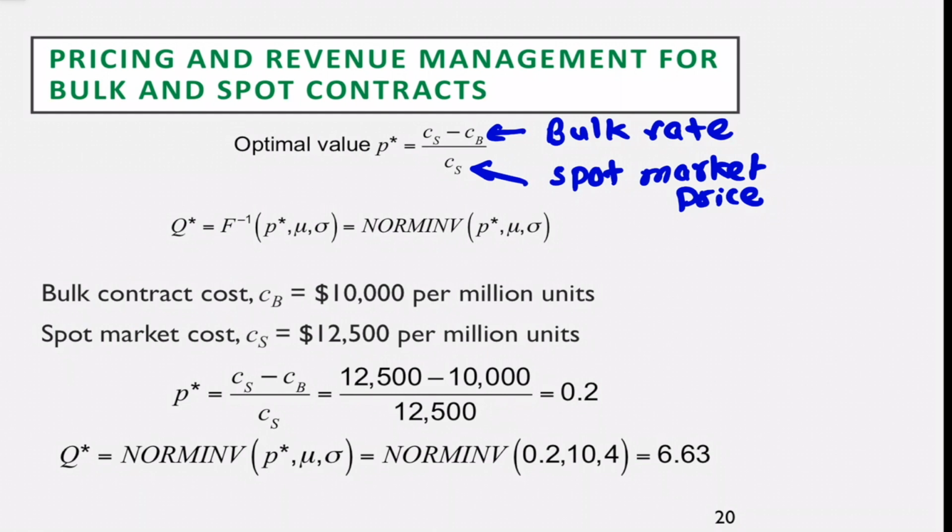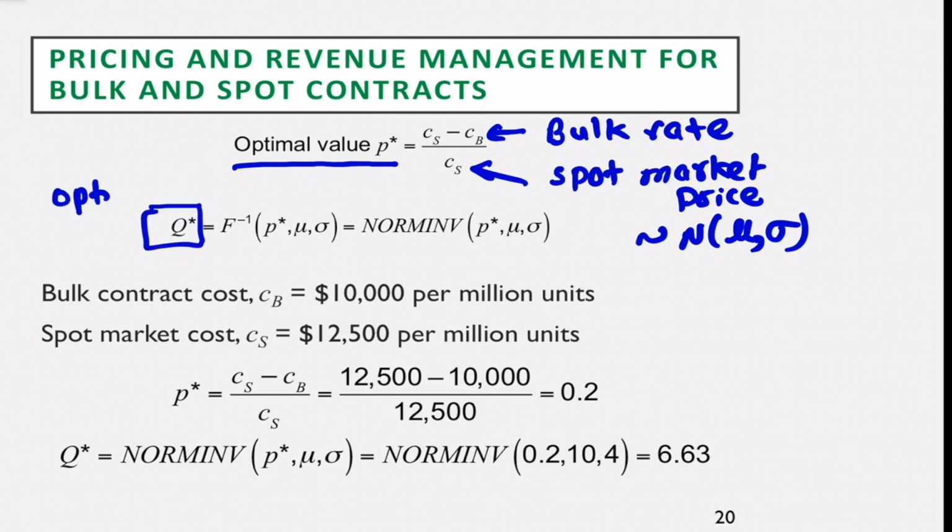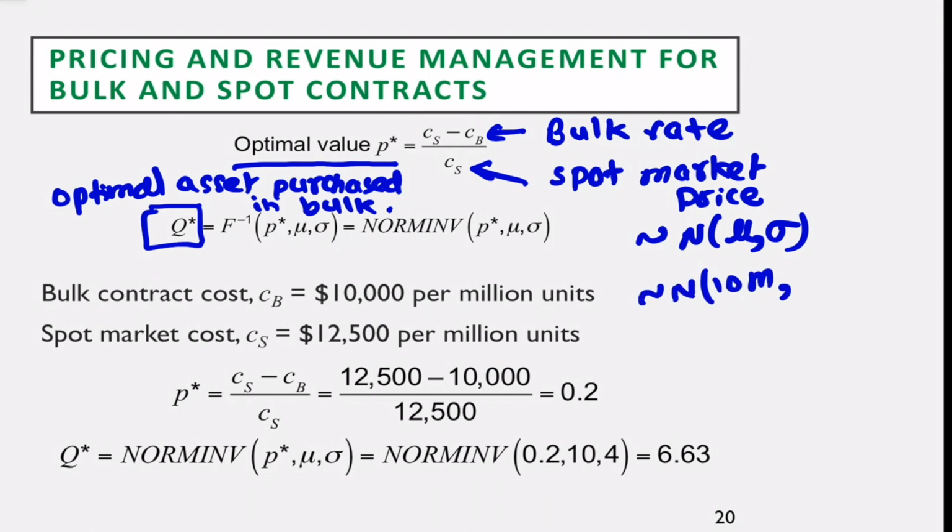We obtain the optimal value as P star using these two. And if the demand follows a normal distribution with mean mu and standard deviation sigma, we can find the optimal asset purchased in bulk. In the example below, let's consider a manufacturer who sources components from China and has transportation needs which are normally distributed with a mean of 10 million units and a standard deviation of 4 million units.